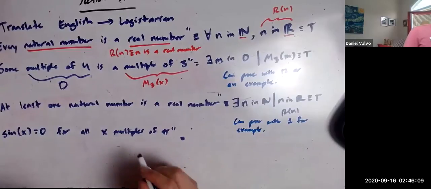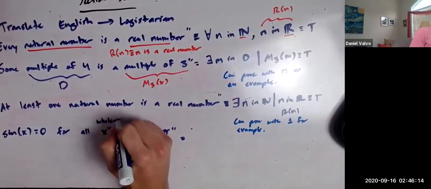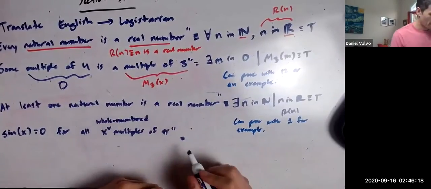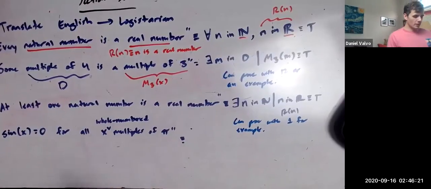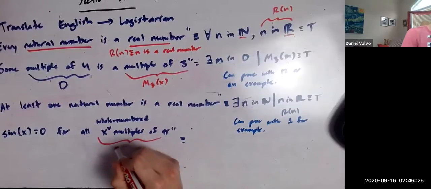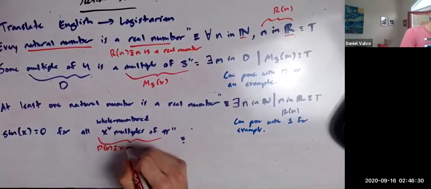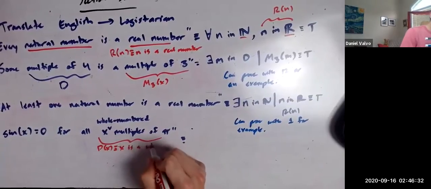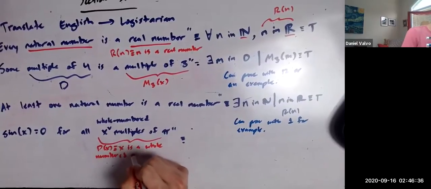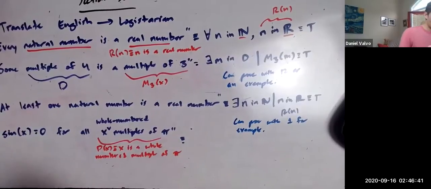All right, maybe I'll say whole numbered multiples of pi. And I will label this predicate P of x. So P of x is equivalent to x is a whole numbered multiple of pi.